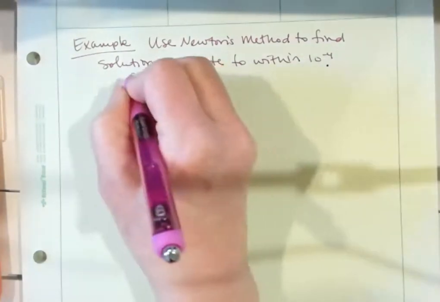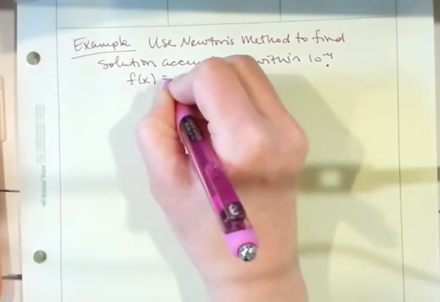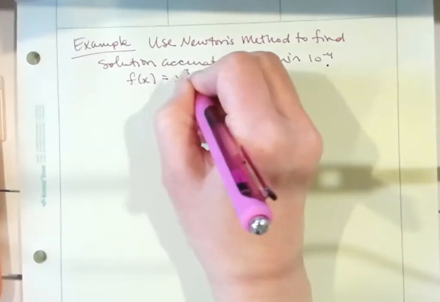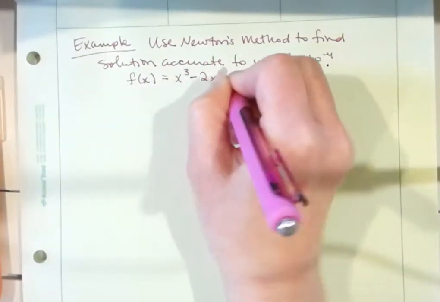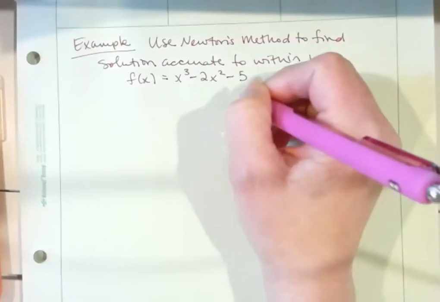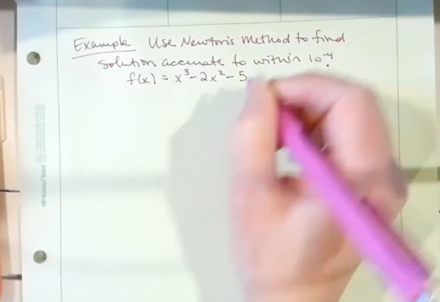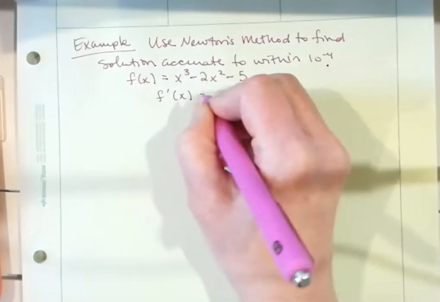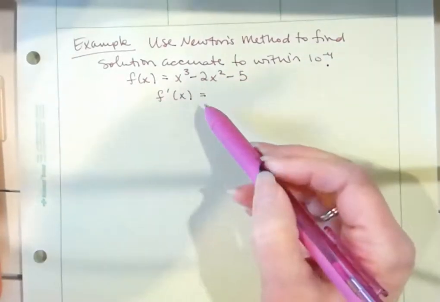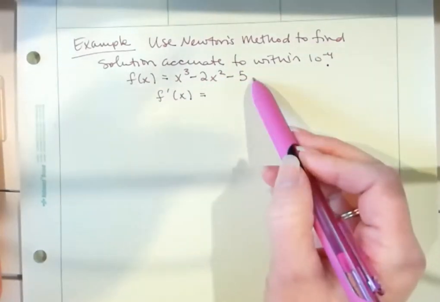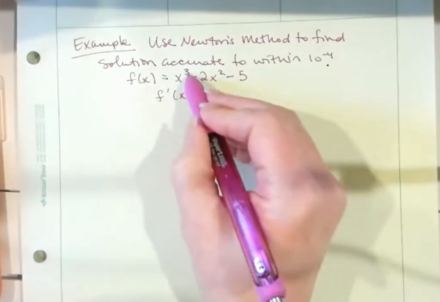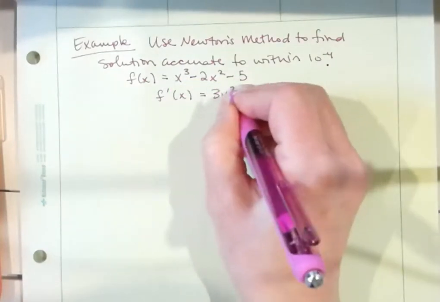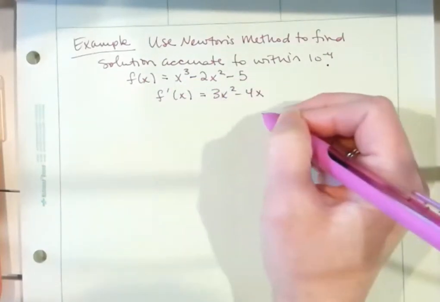The function we're given, f of x, is x cubed minus 2x squared minus 5. And then f prime of x. To get f prime of x, you just need to take the derivative of this with respect to x. That's pretty straightforward. So we'll have 3x squared minus 4x.